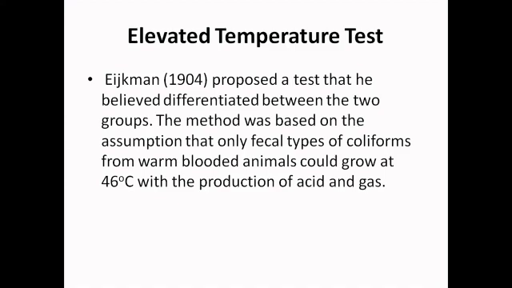The culture tubes are incubated at exactly 45.5 degrees Celsius for 48 hours. The appearance of turbidity or growth in the medium and accumulation of gas in the Durham's tube indicate a positive test, while the absence of growth or absence of gas in the Durham's tube indicates a negative test. As this test is performed at high temperature, it is also called the elevated temperature test.